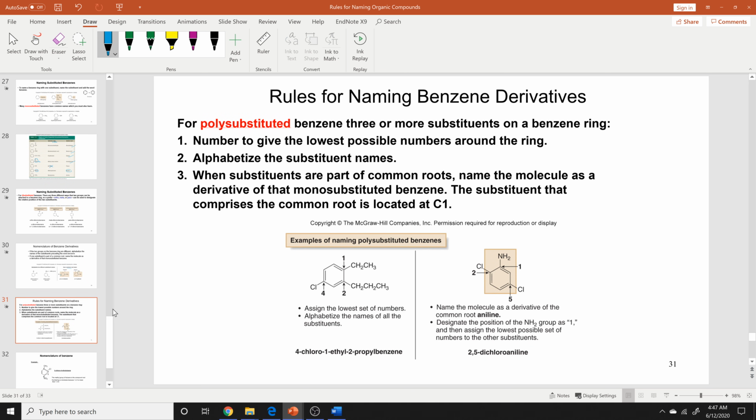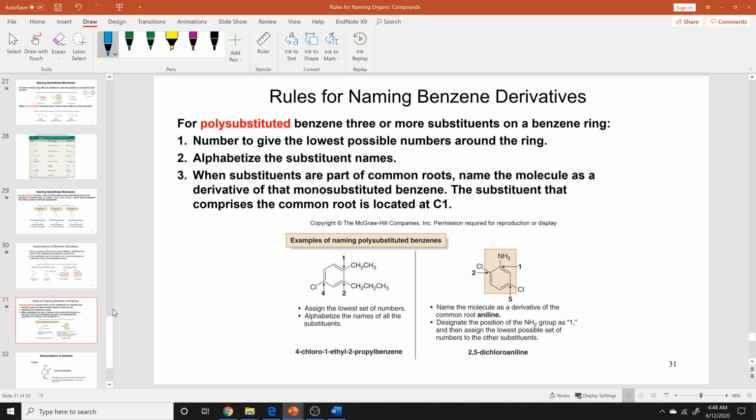Now if you have a polysubstituted benzene, then what I want you to do is go ahead and give the lowest possible numbers around the ring, and then alphabetize the substituent names. After you do this, when the substituent is part of a common root, let's have an example in here. You have a benzene with NH2, which is part of the common root aniline.